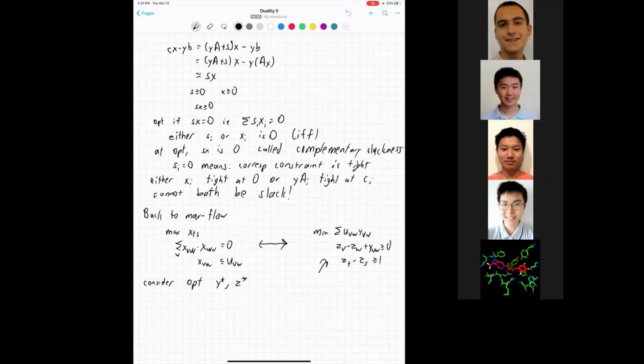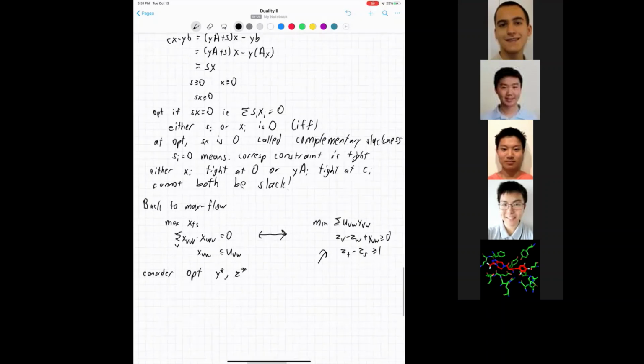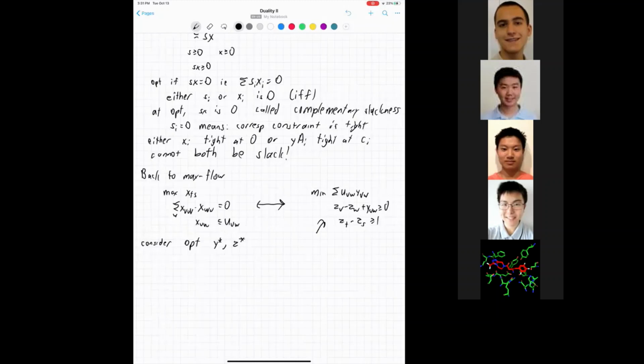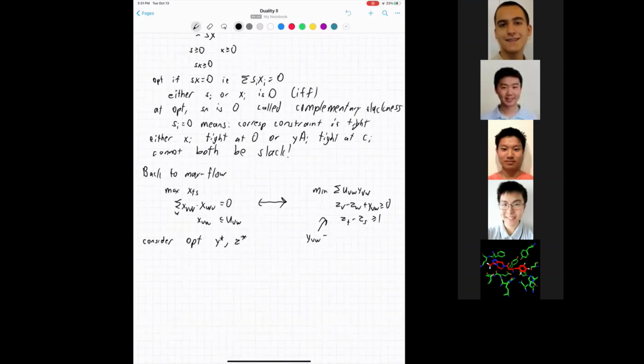So which edges should you make length 1? To take up that slack. You want the minimum volume overall, right? So it makes sense to put Y_VW equal to Z_W minus Z_V. Yes, good point. So notice that in this linear program, we are always going to set Y_VW actually equal to Z_W minus Z_V, right?